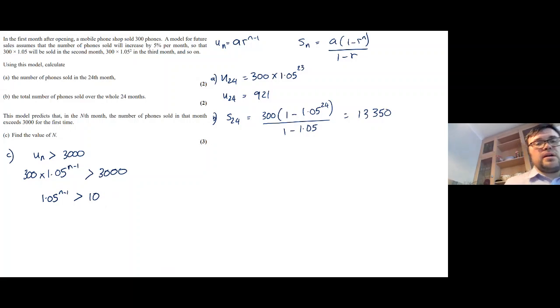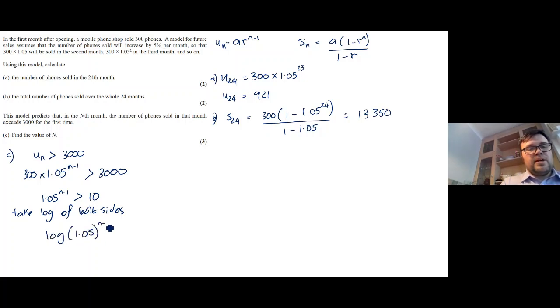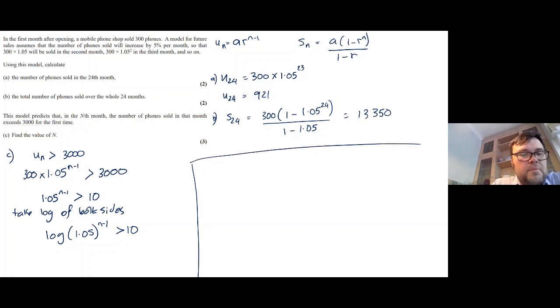Can't do much else here except for taking logs of both sides. Take natural logs of both sides. It doesn't matter what base it is, as long as it's consistent. So we now have log of 1.05 to the power of n minus 1 is greater than, sorry, not 10, it's log 10. We now need to use the power rule.